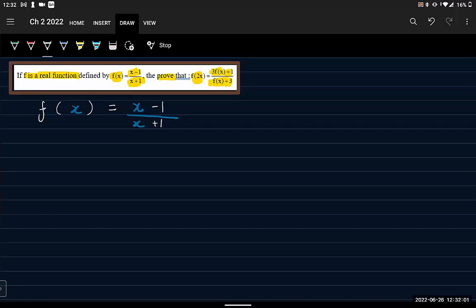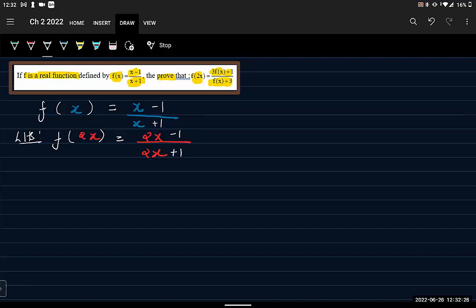Now we have to prove in the LHS we have f of 2x. So everywhere in our f of x, instead of x, I will substitute 2x. Rest all terms would remain as it is.